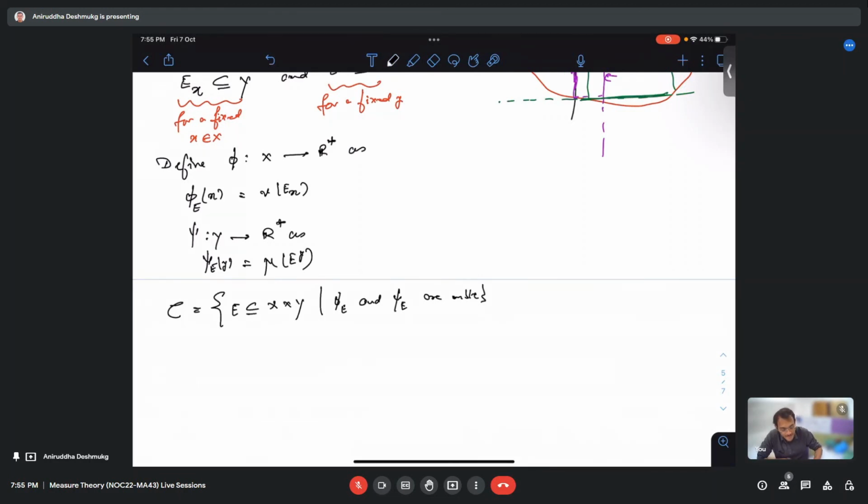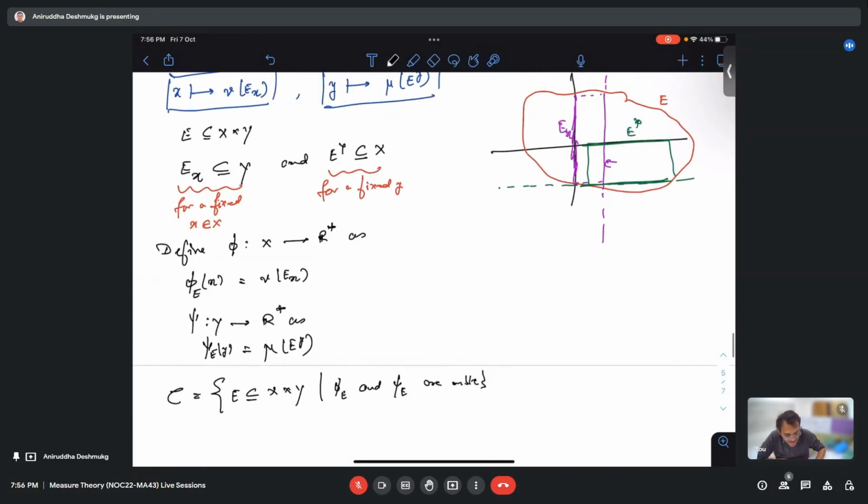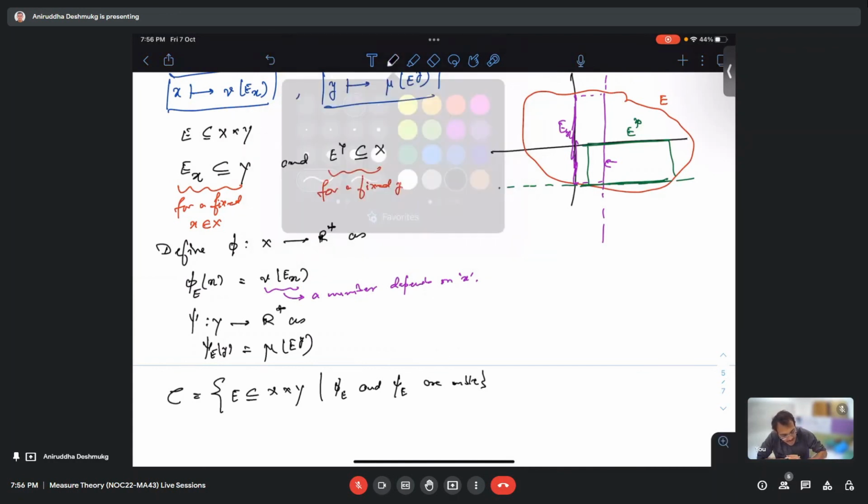Aniruddha, just a quick question. E_x is actually a subset of Y, right? Why are we measuring it as a function of x? Because once you measure, this thing is a number, but it depends on x. The choice of x determines E_x, and then E_x determines that number.